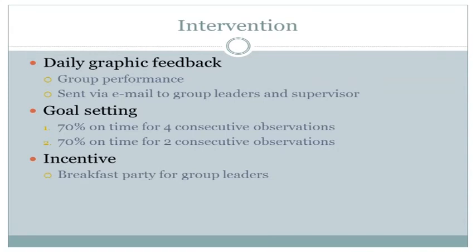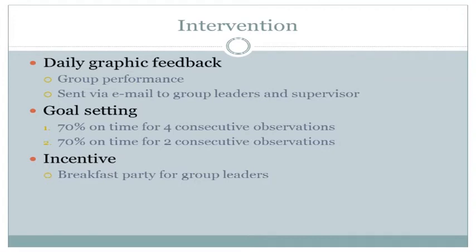We had daily graph feedback involving group performance. So we collected data on the percentage of team leaders that showed up on time at 9 a.m. and at 1 p.m. after lunch. And they approved of this. They said, okay, that's fine. Let's do this so that there's a group email to everybody who's a group leader, and the supervisor also gets these emails.